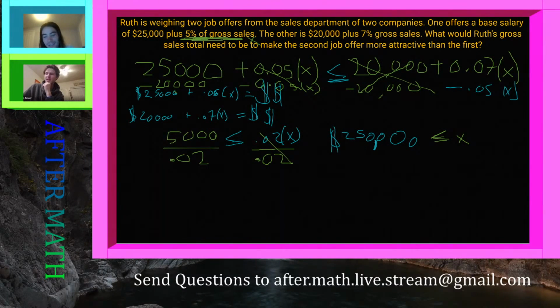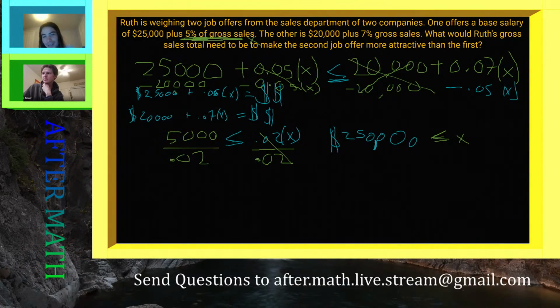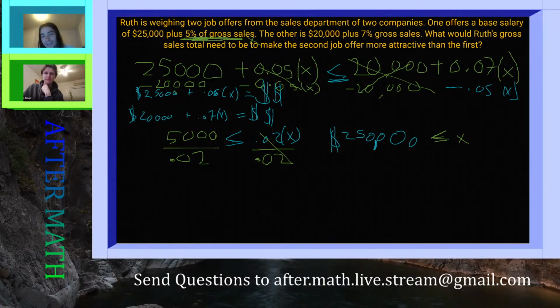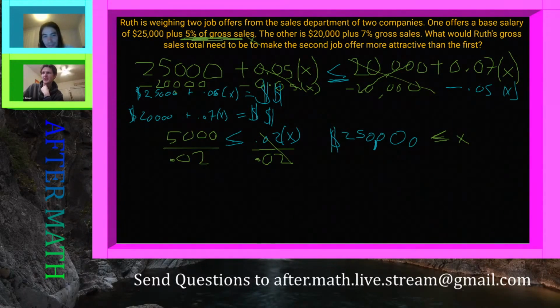That is a lot of sales. I definitely think it has to be greater than 250,000. That second job, their employer is a lot smarter at their business strategy than that first one. Is all I'm gonna say. Yeah.